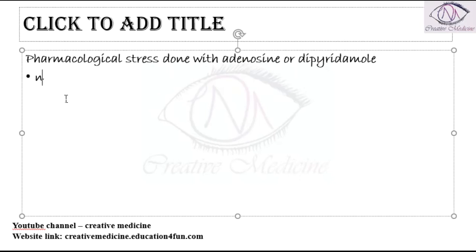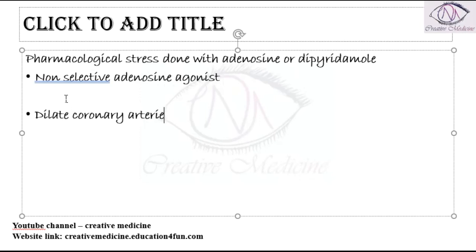Adenosine and dipyridamole are actually non-selective adenosine agonists, so both will dilate the coronary arteries, but they do so without increasing the heart rate or BP.